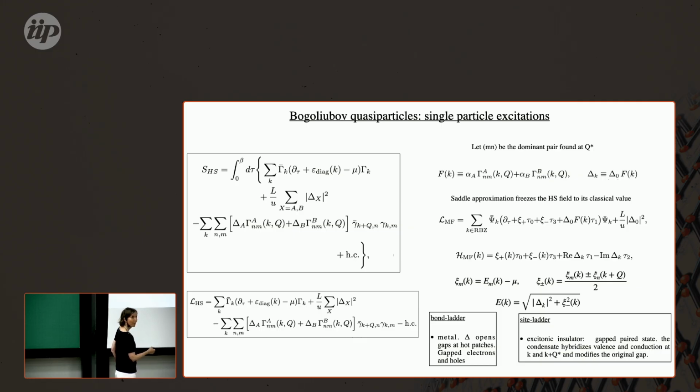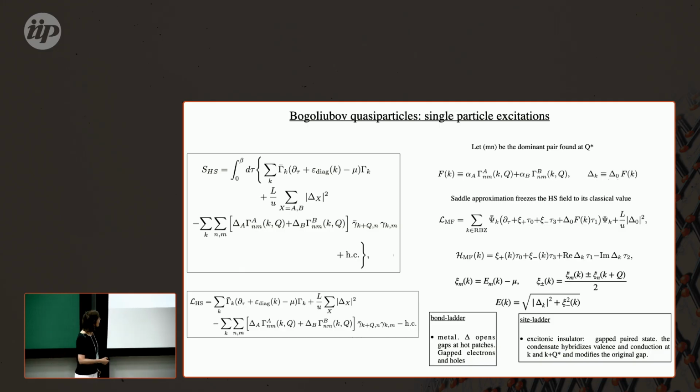This is the mean field Hamiltonian. The spectrum of that mean field Hamiltonian gives the quasi-particles of the system. As we have a metal in the bond ladder, those quasi-particles are just holes and electrons.